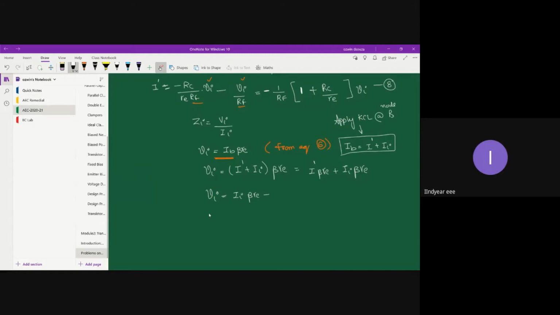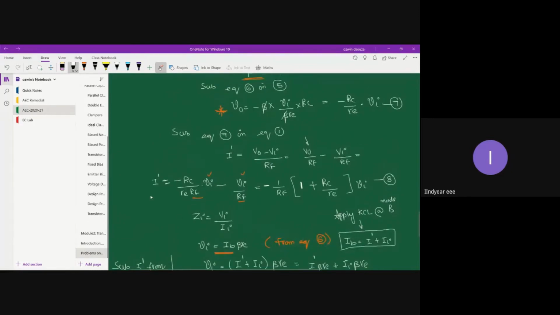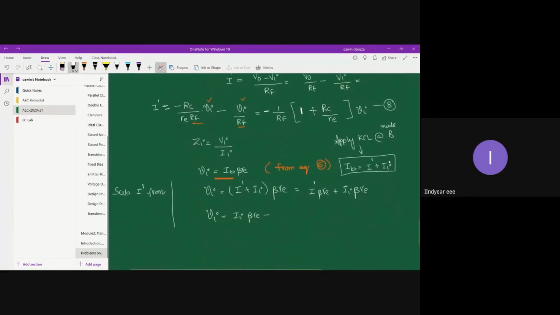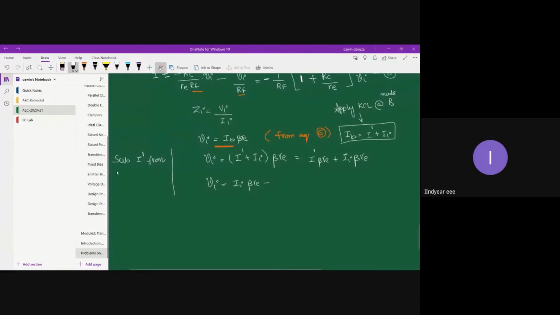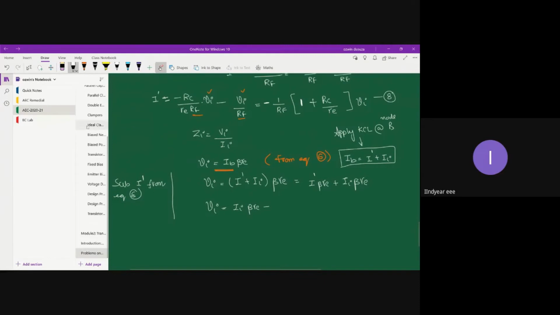We have already written an expression for I dash. So here, substitute I dash from, you had written an expression for I dash, right? From your output circuit. See here, equation 8. Let me show this equation. Your equation 8 is here. So let's substitute that.